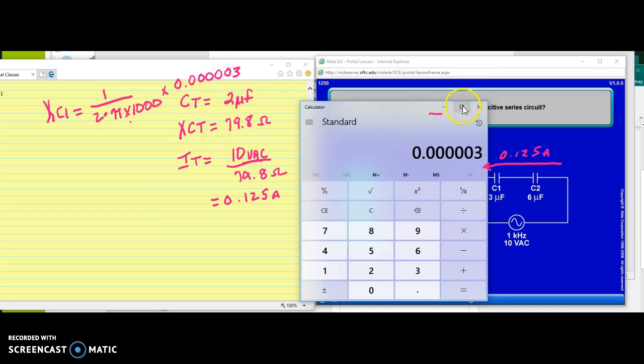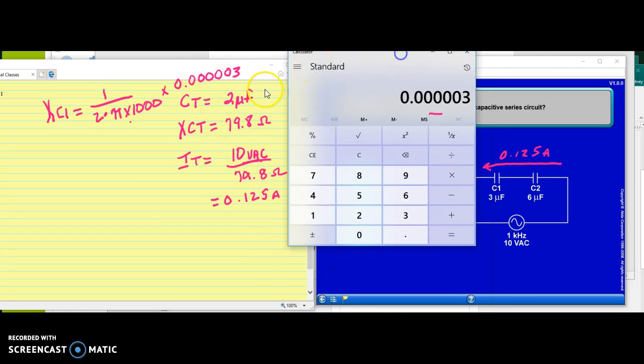Notice I've got 1,000 here for our frequency, because that's 1 kilohertz. 1 kilohertz is 1,000. So to do that math, 2 times 3.14 times 1,000 times 0.0000003 equals, and then reciprocate that.